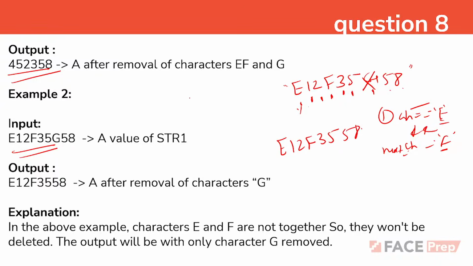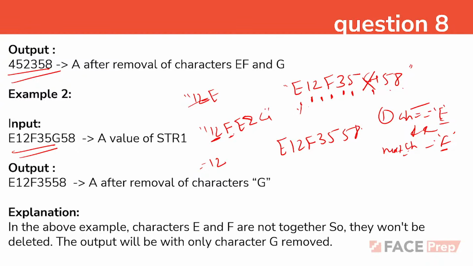So I'll give you another example. It's going to be 12 F E 2 and G. For this, what is the output? First, 12 is going to be printed, because they are not equal to E and F. Next, F is occurring.